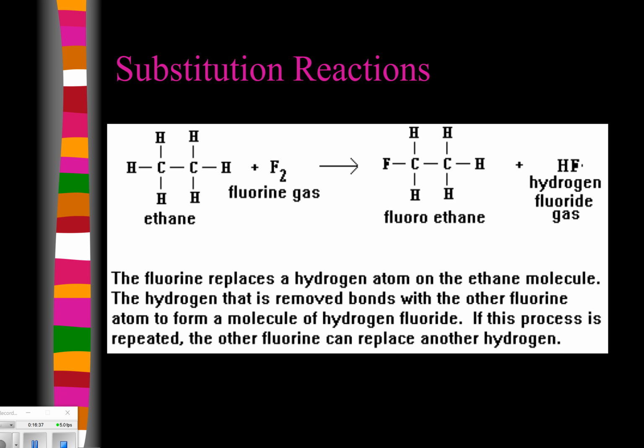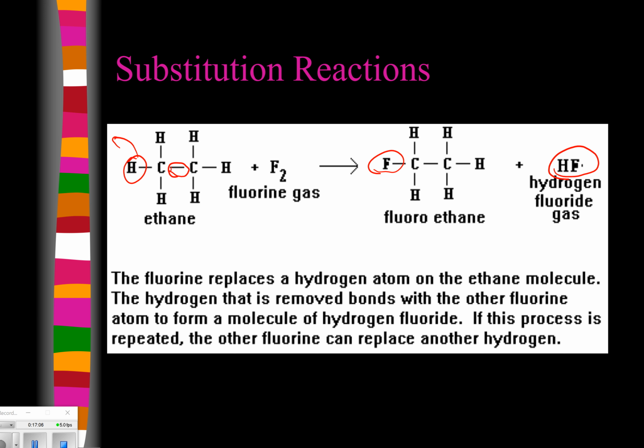So for example, if we start with an ethane molecule, a single bonded, 2-carbon molecule, and we react fluorine gas with it, we can see that this hydrogen here gets kicked off and the fluorine substitutes on. And we're left with hydrogen fluoride gas with that remaining fluorine, which bonded with the hydrogen that came off.